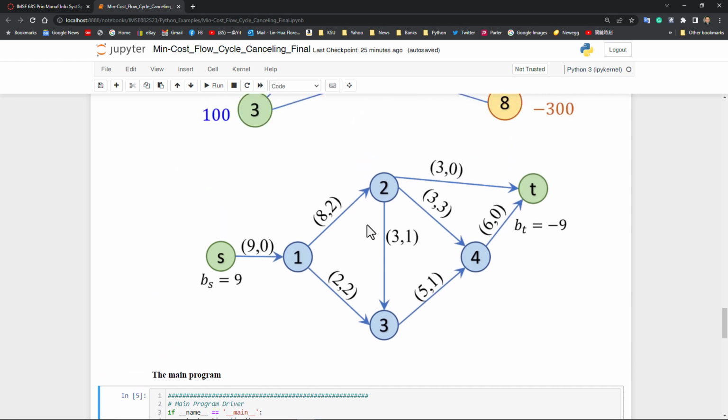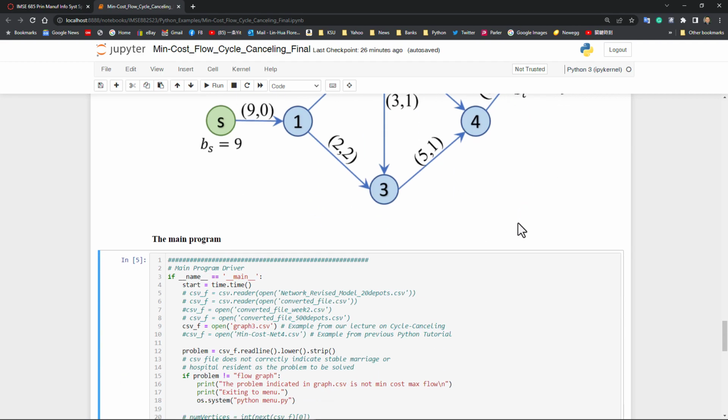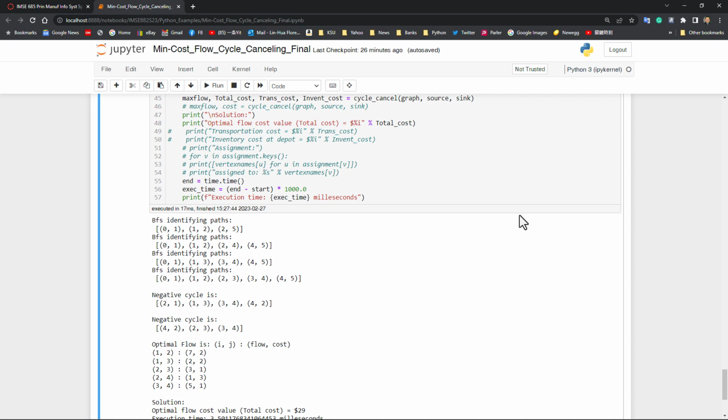So we find a total of 4 shortest paths being sent down. This is very much like the successive shortest path algorithm. However, we didn't take care of the minimum cost.